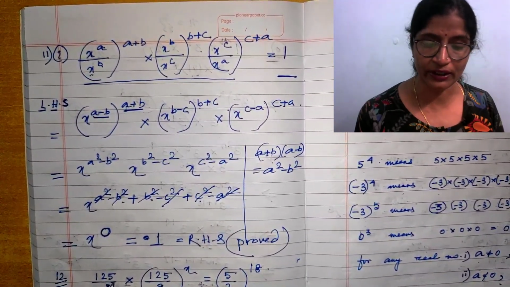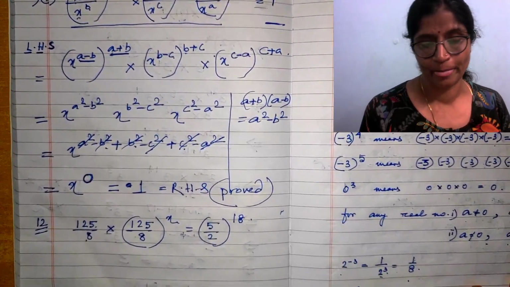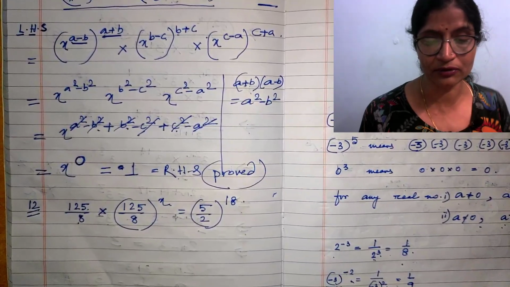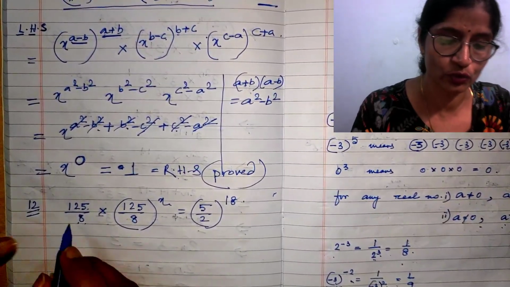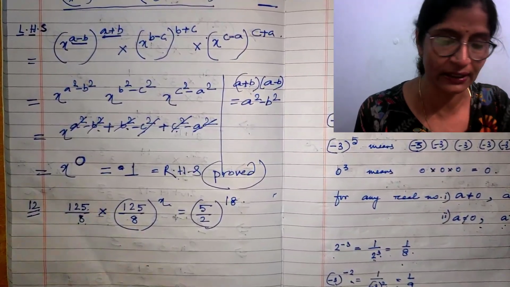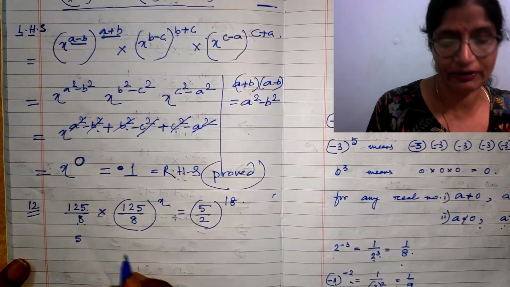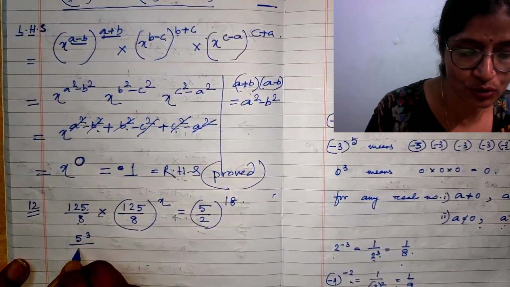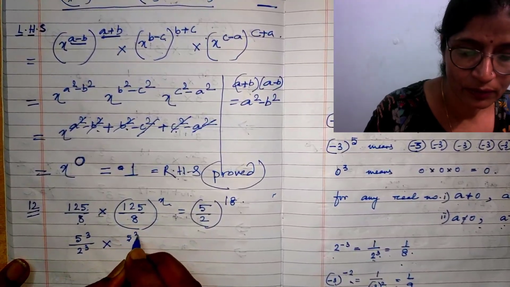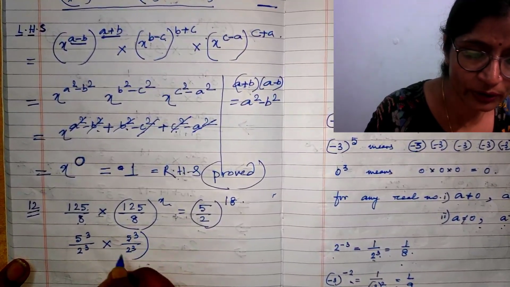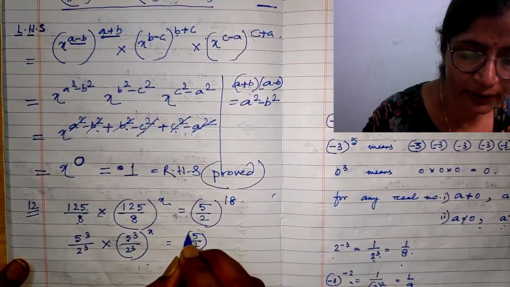Now here 125 divided by 8, I know that 125 I can convert in terms of power of 5, and 8 I can convert in power of 2. Okay, keeping that I'll start the sum. So I can write 125 is 5 cube and 8 is 2 cube, into, again this is 5 cube by 2 cube whole to the power x equal to 5 by 2 to the power 18.